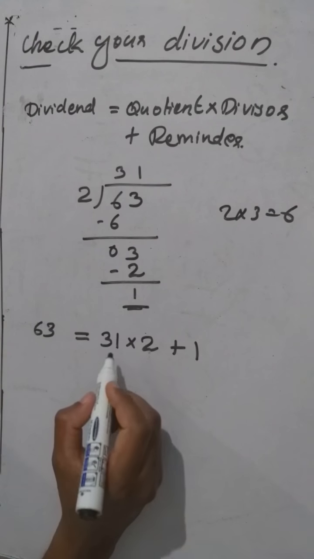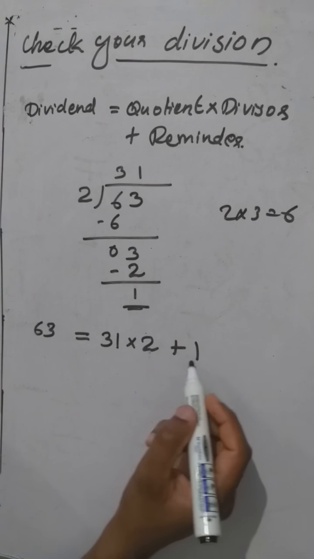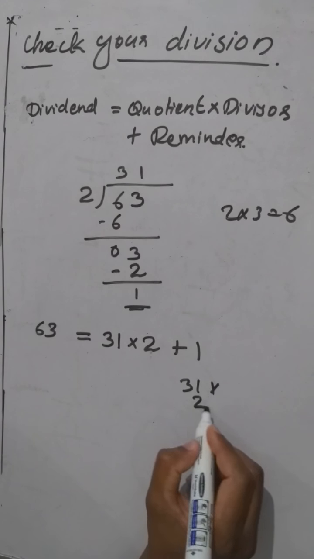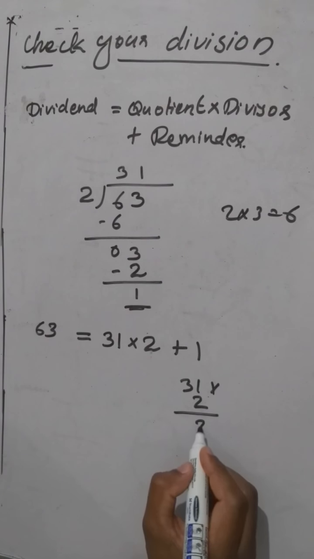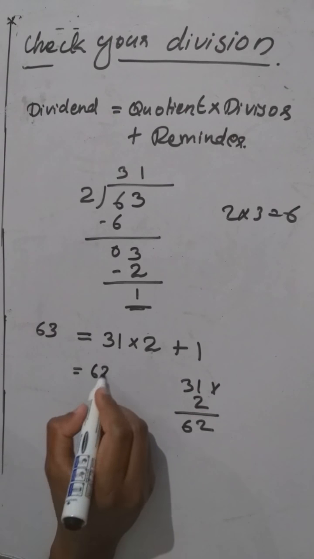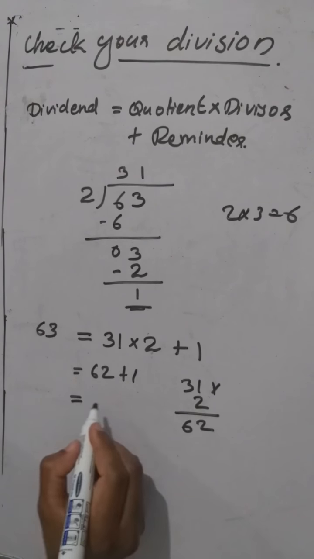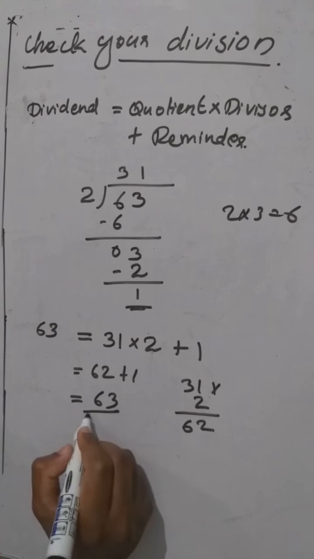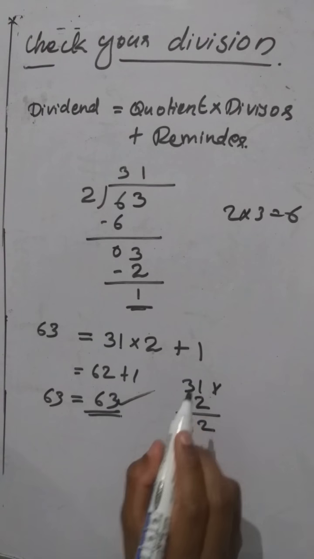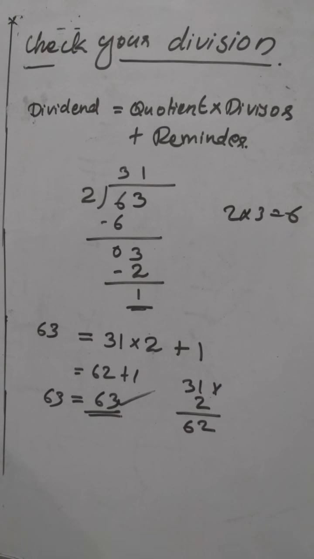So 63 must be equal to 31 multiplied by 2 plus 1. 31 multiplied by 2 is 62. So that is 62 plus 1, which is 63. On both sides we got 63. So we can say that our division process is correct.